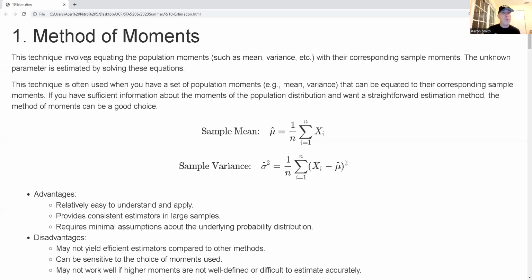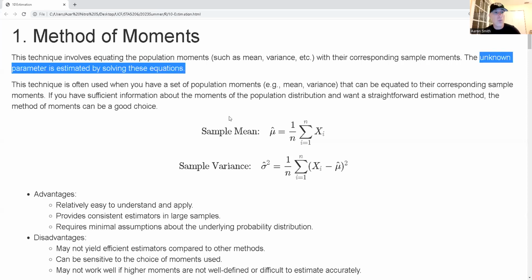All right, so method of moments involves equating the population moments such as mean, variance, skewness, and kurtosis with the corresponding sample moments. So we say the population moments match up with the sample moments in an equation, and then the unknown parameters are estimated by solving the equations.